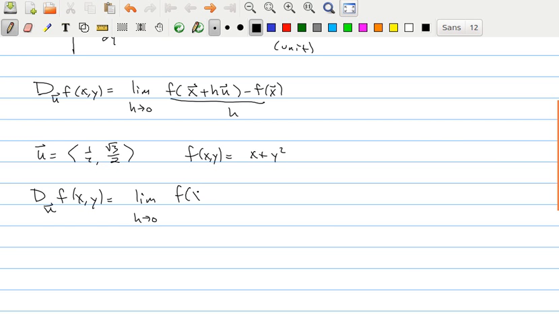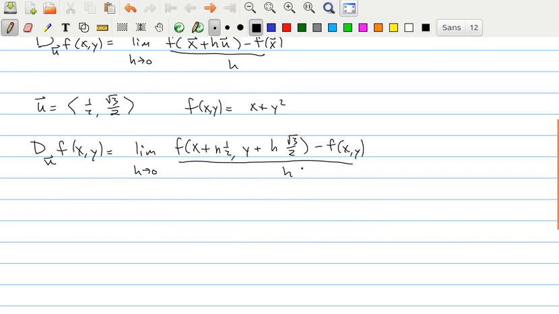This is f of x plus h times our first component, and then y plus h times our second component, minus f of (x, y), all over h. So what we've done is we've taken (x, y) and we've added onto it h times the vector u. We subtract the original function and we divide by h.